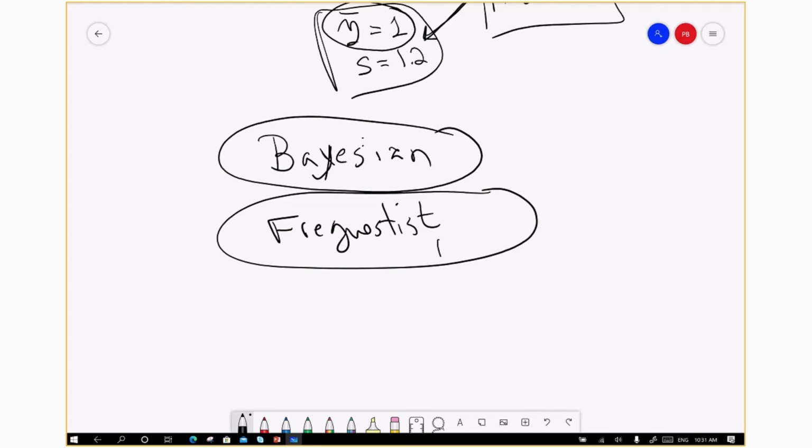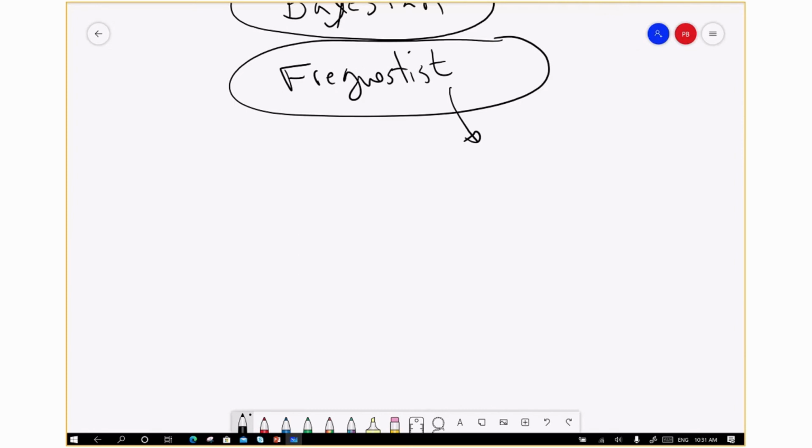But the notion of frequentist statistics is a bit weird. It's a bit weird in the sense that what we want to do is draw inferences about mu based on the single sample we take of y bar.